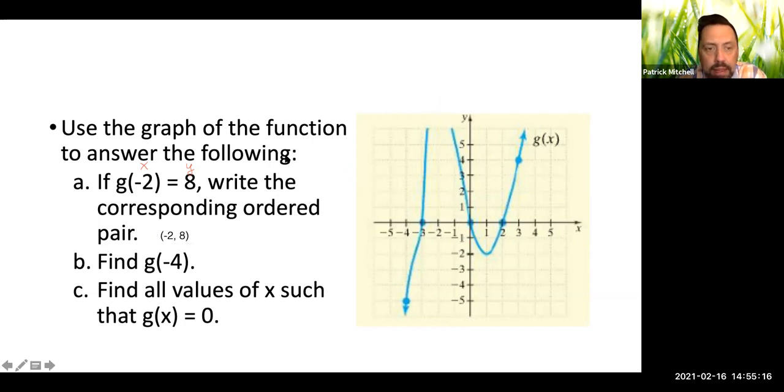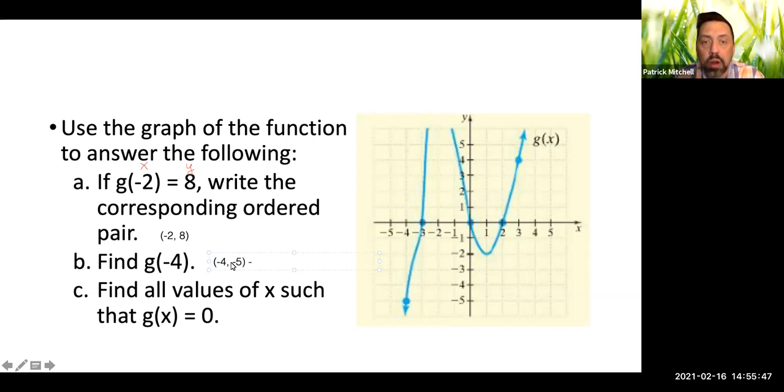All right, letter B. This is just like one of the problems that we did in the last example. To find g of -4, remember that is the point whose x coordinate is -4. So we find x equals -4. I look up and down, and the only point I see is this point right here, which is -4, -5.